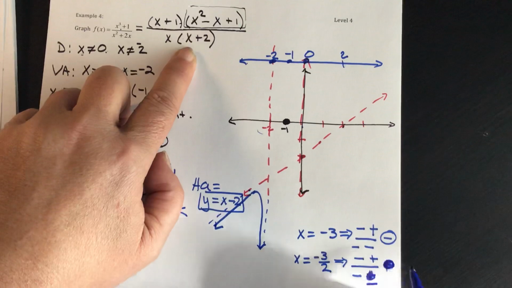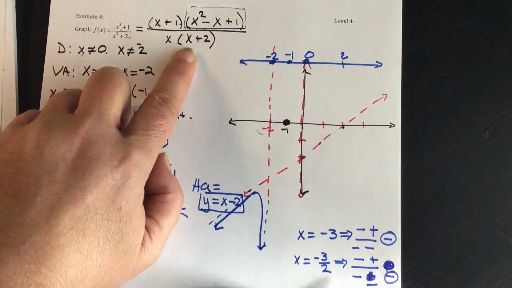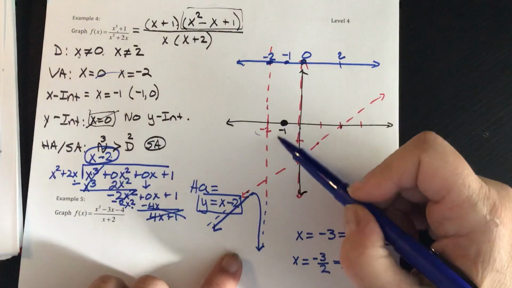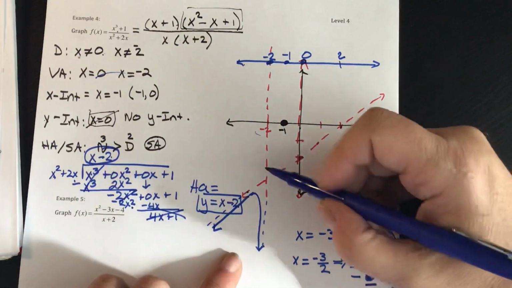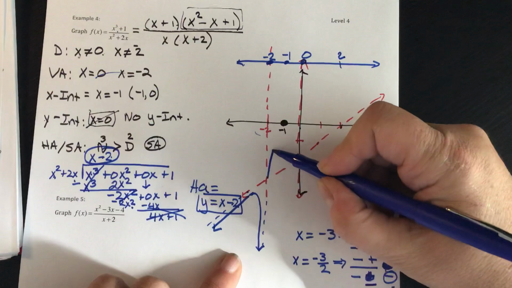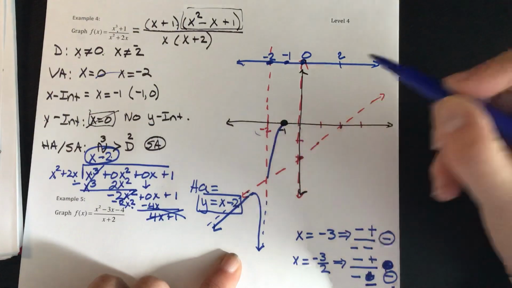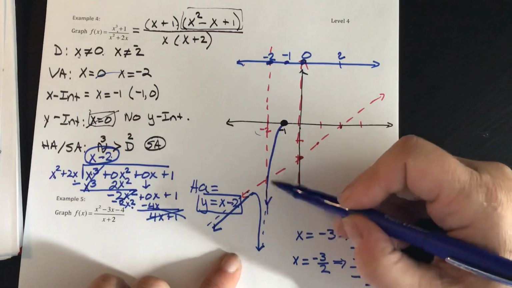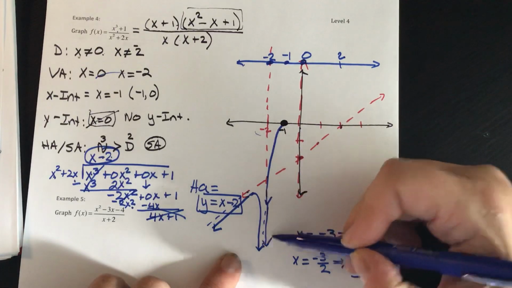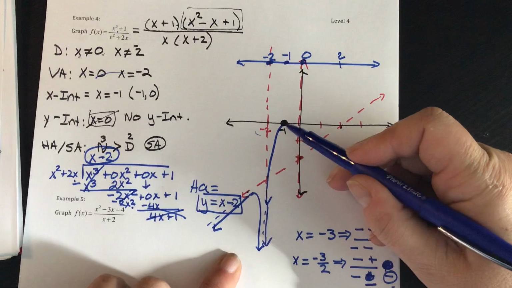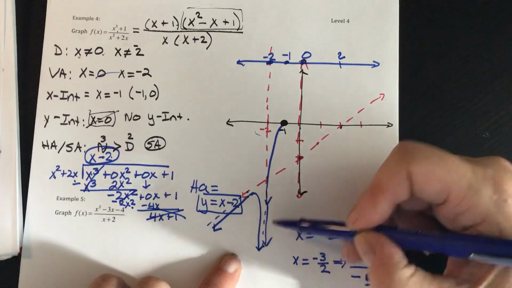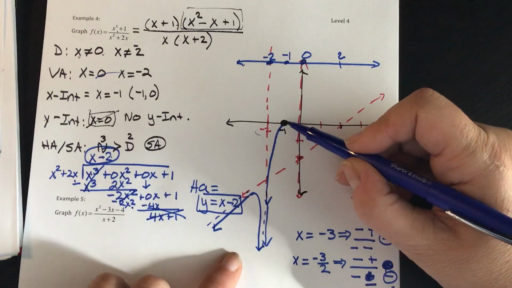So 3 negatives, I'm sorry, I'm losing my train of thought here, is a negative. So here, if this is negative and I'm approaching my x-intercept of 1, okay, I can cross my slant asymptote, so this is going to continue to go down. I have a vertical asymptote between these 2 branches of my graph, and now I'm going to get up to -1.